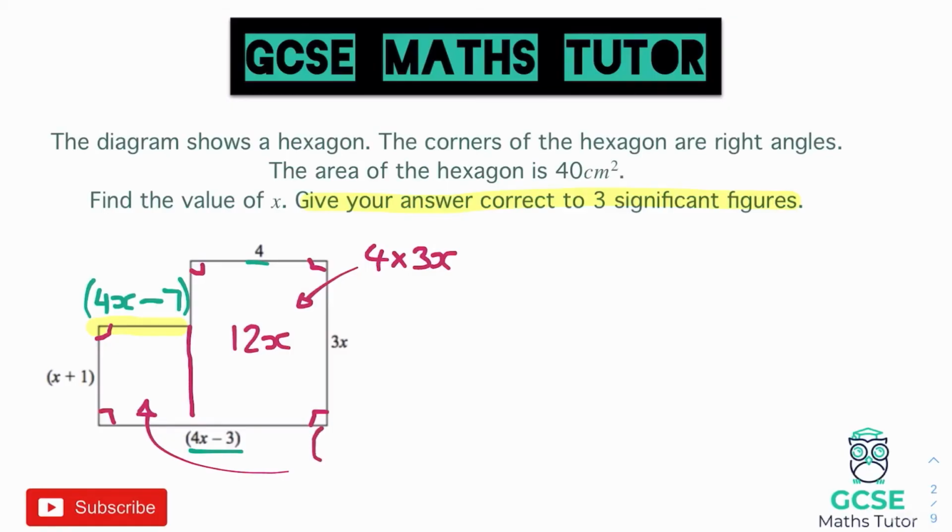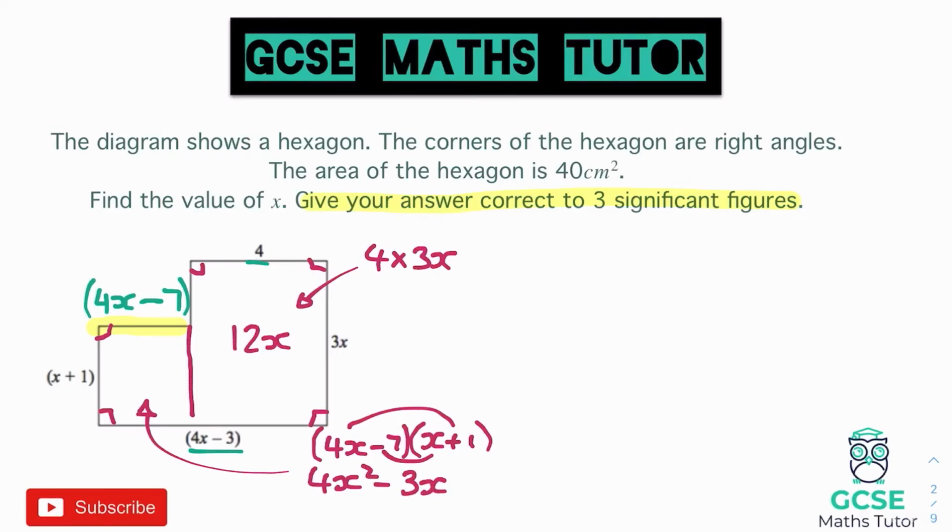So if we do that, we've got 4x minus 7, and we have x plus 1. It's not particularly difficult to expand out, but obviously we've got expanding double brackets now, so we've got another topic getting involved. If we expand that out, 4x times x is 4x squared. I'm going to skip the middle step. We have 4x times the 1, which is 4x, and the minus 7 times x, which is minus 7x, and in total that combines to make negative 3x.